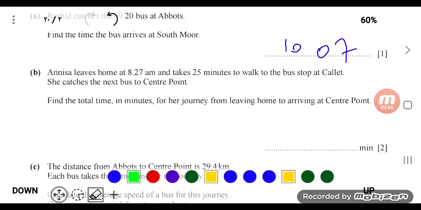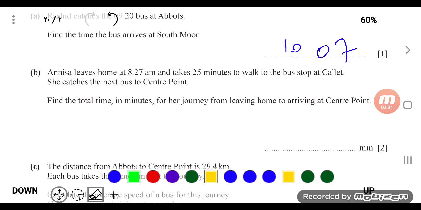Now here you are given: Anisa leaves home at 8:27 a.m. and takes 25 minutes to walk to the bus stop at Khaled. She catches the next bus to Center Point. Find the total time in minutes for her journey from leaving home to arriving at Center Point.